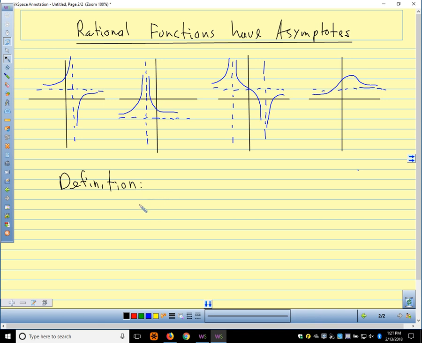Our definition: we have two possibilities because we have vertical asymptotes and horizontal asymptotes, and there's actually another kind we'll talk about in a little bit. Asymptotes are lines. The line x equals a is a vertical asymptote.